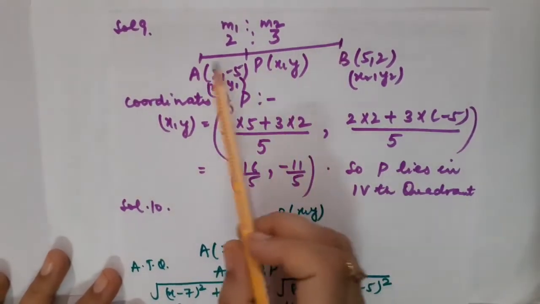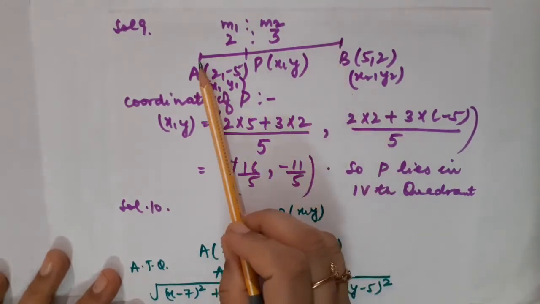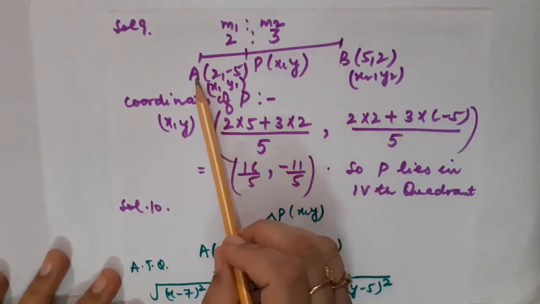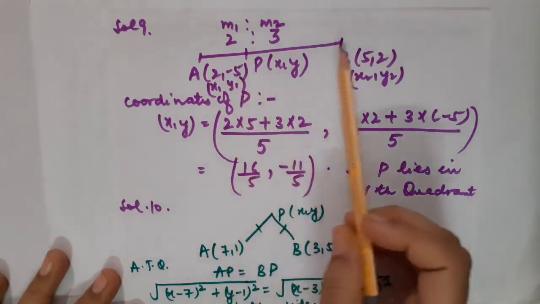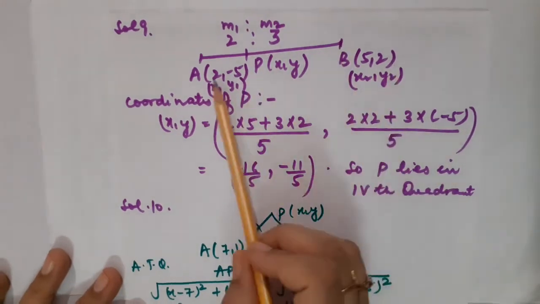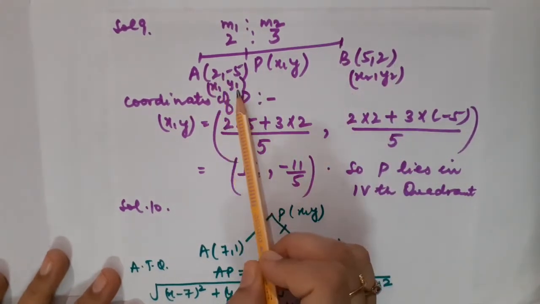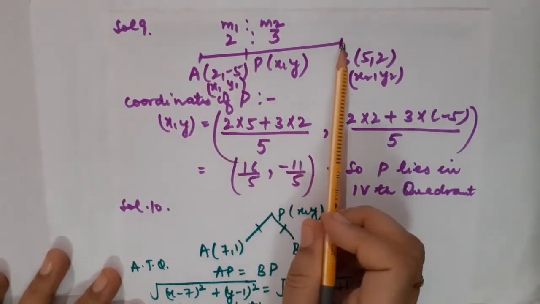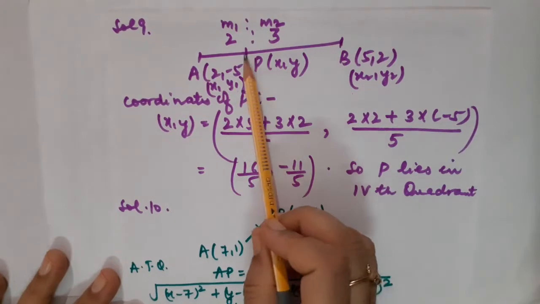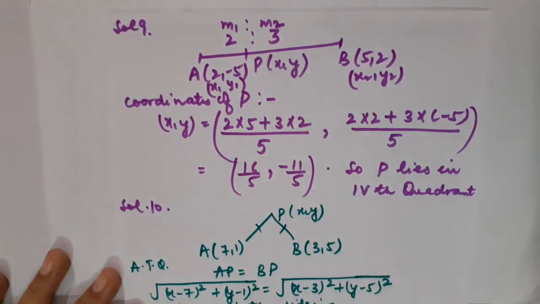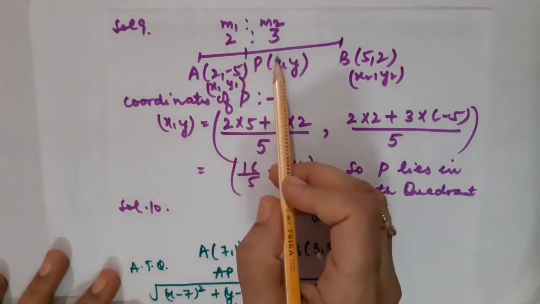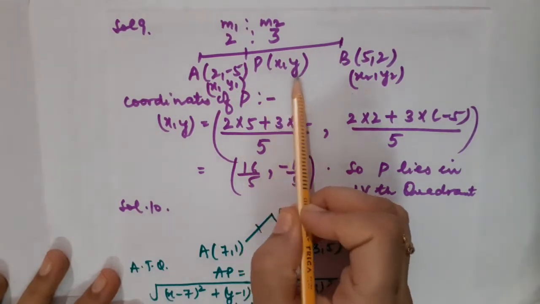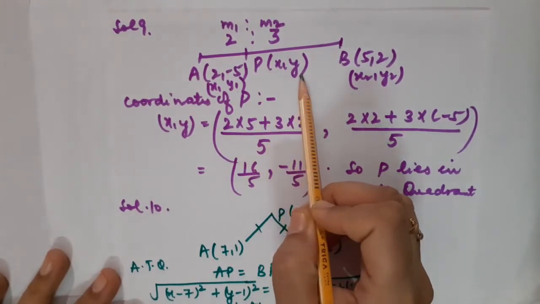You will be having a line segment given whose endpoints are A 2, -5 and B 5, 2. So let us consider them as x1, y1 and x2, y2. Children, this line segment is going to be divided by the point P in the ratio 2:3. You can see, so definitely you will have to calculate the coordinates of the point P.